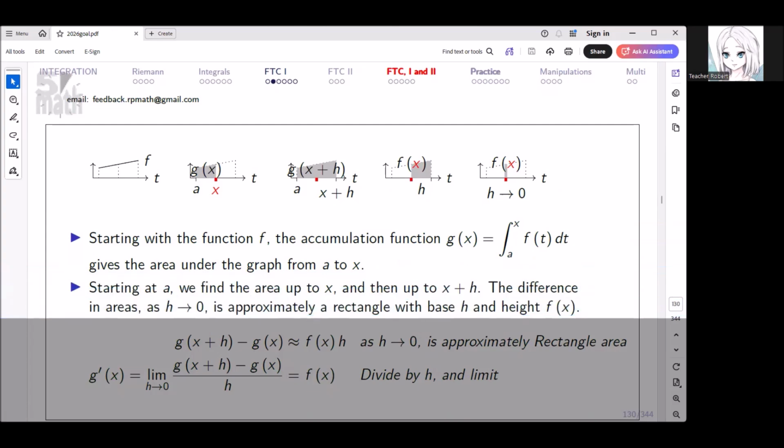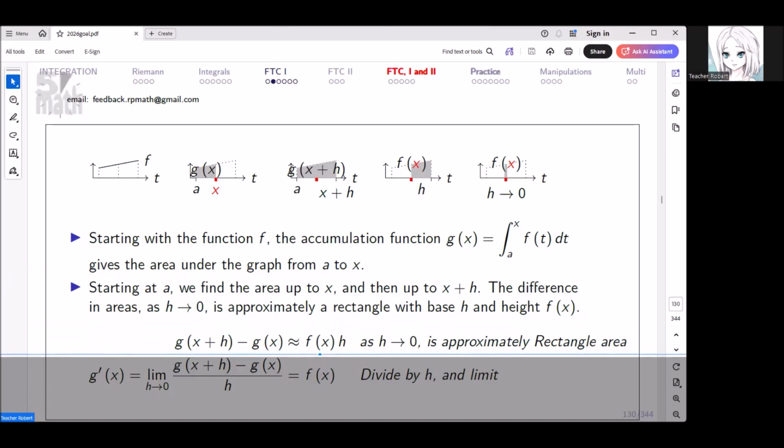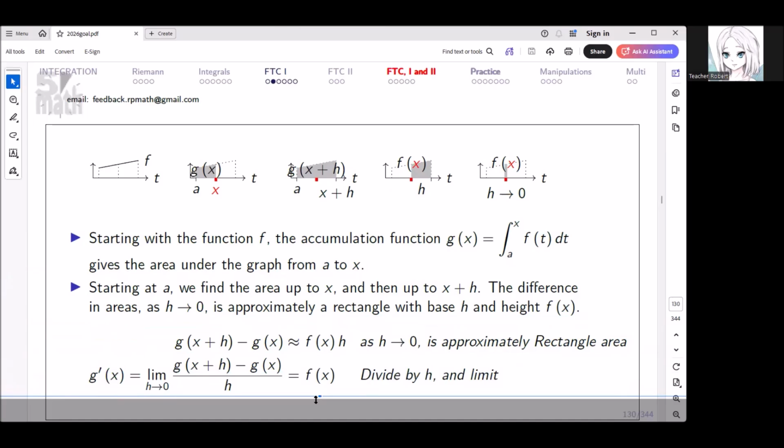Starting at a, we find the area up to x, and then up to x plus h. The difference in areas as h approaches 0 is approximately a rectangle with base h and height f of x. Divide by h, and take the limit.